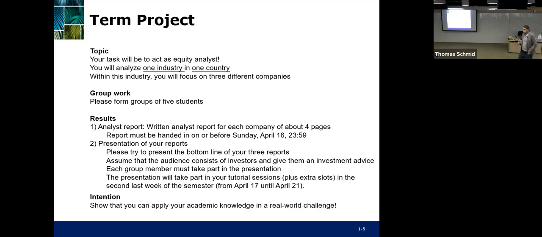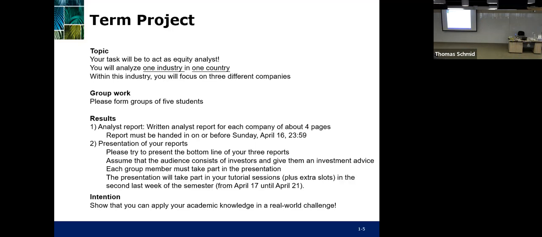Okay? So how that will work is that once we finalize everything closer to the presentation date, we will open something, think about it as a Moodle survey, and then every group has to sign up for a specific session. Again, the group formation is not restricted to the subclass or the tutorial you're in.